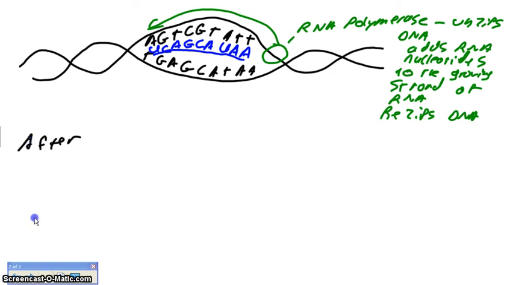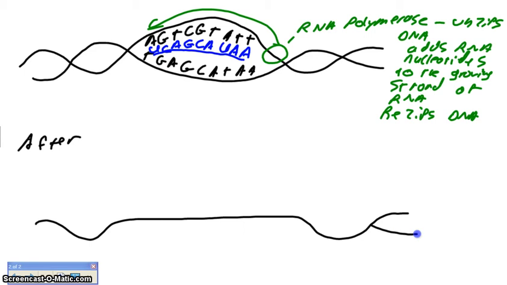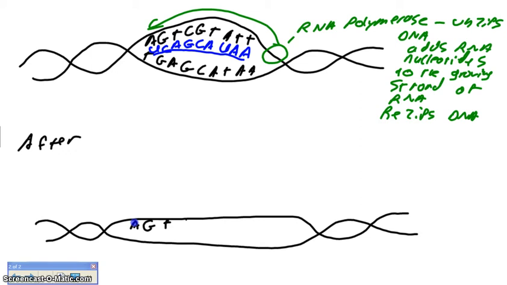So after, we're going to have our piece of DNA just like it was before. We're going to have our same letters just like we did before, so A, G, T, C, G, T, A, T, T, and then of course G, C, A, G, C, A, T, A, like that.